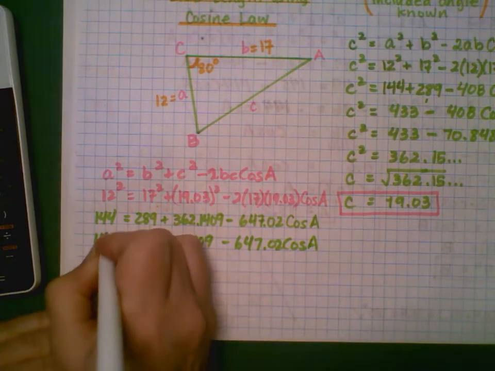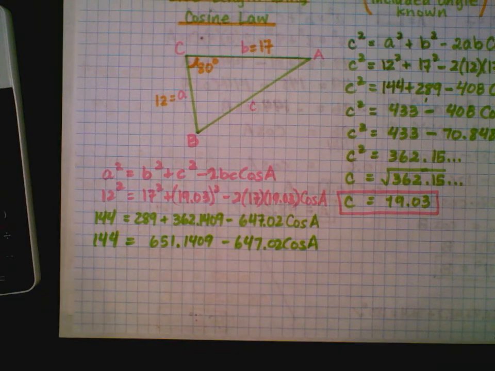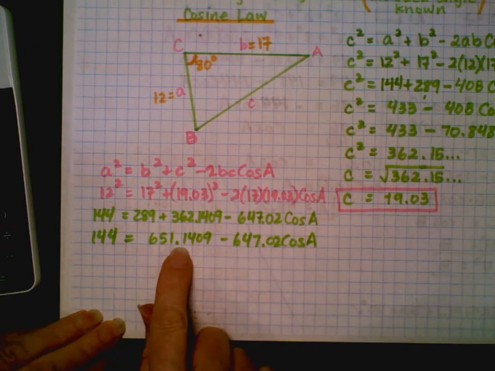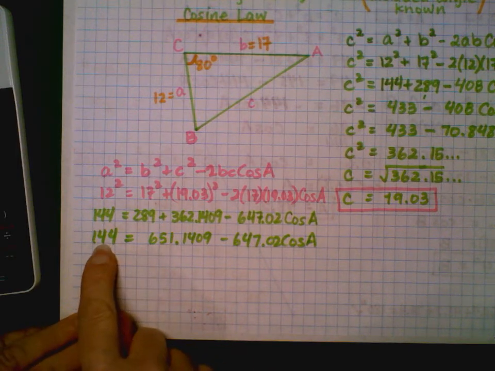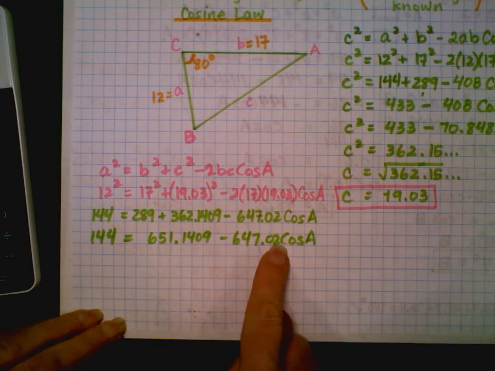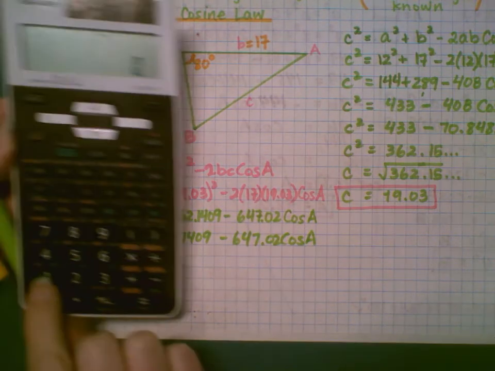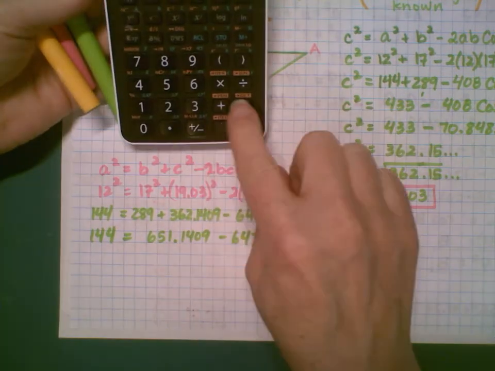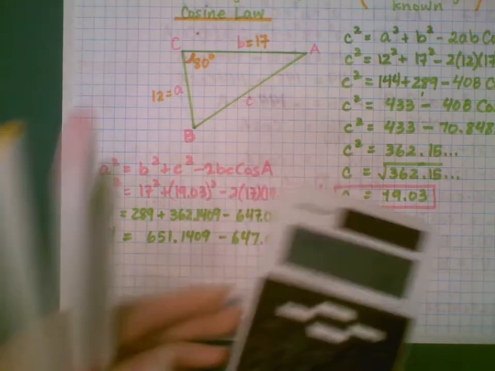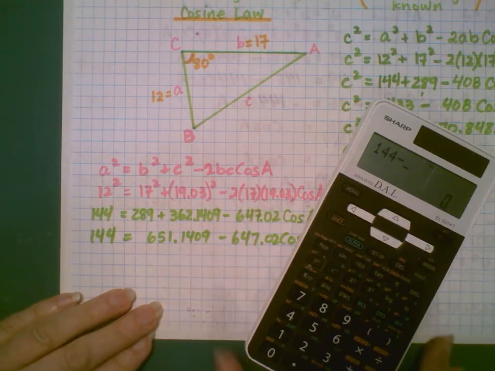This is equal to 144. I'm going to subtract the 651 from the 144, and then I will divide away this coefficient, which is negative 647.2. So 144 minus 651.1409.